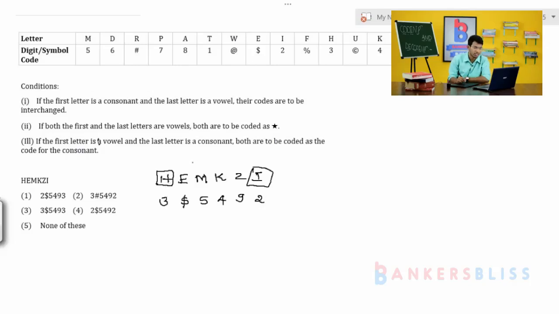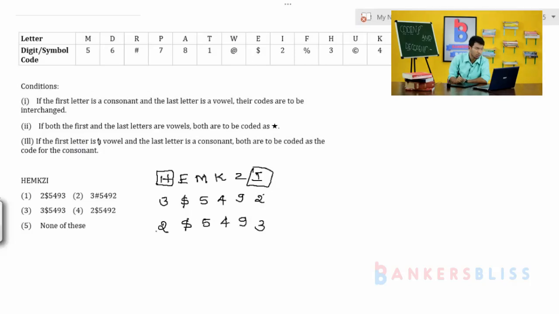Look at the first condition. It states that if the first letter is a consonant and the last letter is a vowel, their codes are to be interchanged. The code for I, that is 2, is to be coded for H, and the code for H, that is 3, is to be coded for I, and the remaining constants are $, 5, 4, 9.